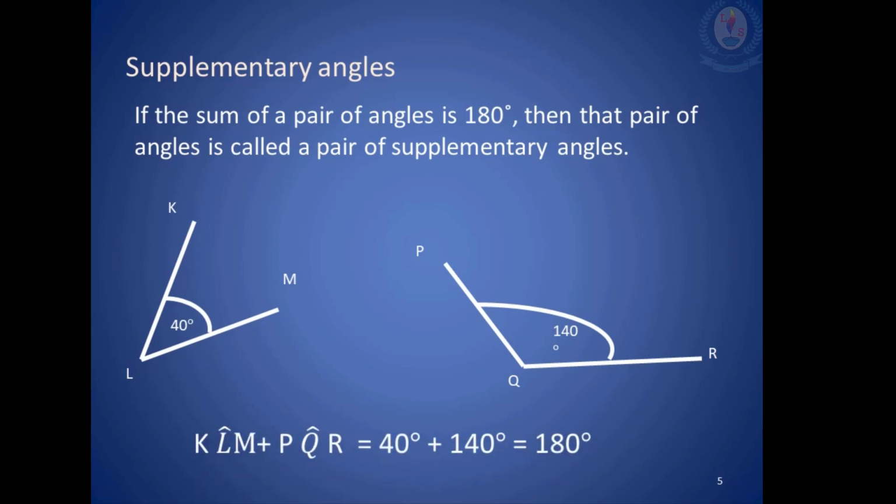Angle KLM plus angle PQR equals 40 degrees plus 140 degrees. We are getting 180 degrees. So, angle KLM and angle PQR are a pair of supplementary angles.